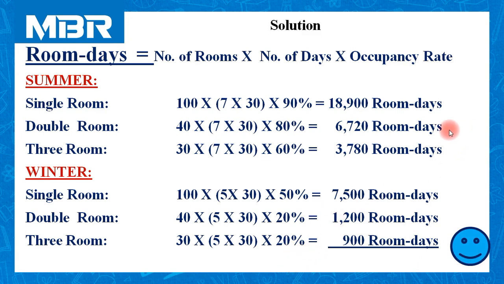In this way, we need to calculate for single, double and 3-room suites in summer and winter separately. So total room days are 39,000. I hope everybody is clear with this calculation.